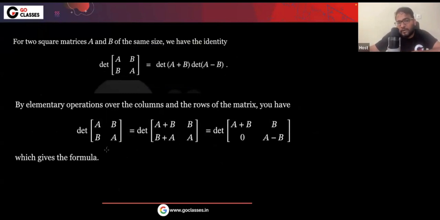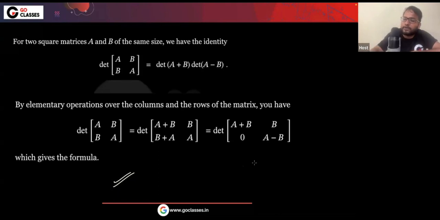Or otherwise, you can apply an elementary column or row operation. Column operation means you're applying the row operation on the transpose of this matrix. Determinant doesn't change. So if you do this, then for the upper triangular case, as you know, it is determinant of A plus B into determinant of A minus B. So this is one other way to prove it.